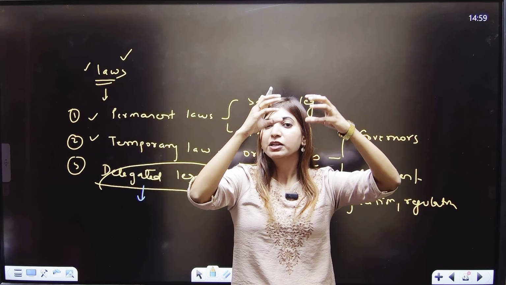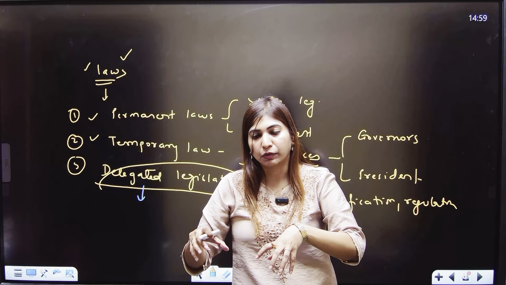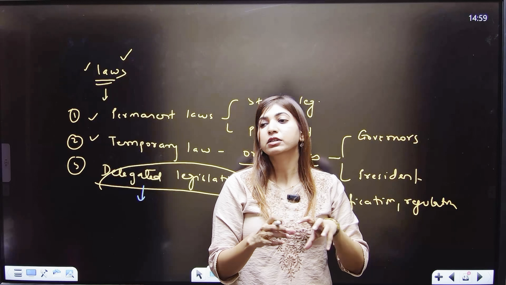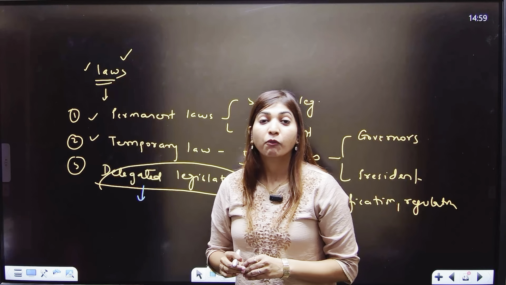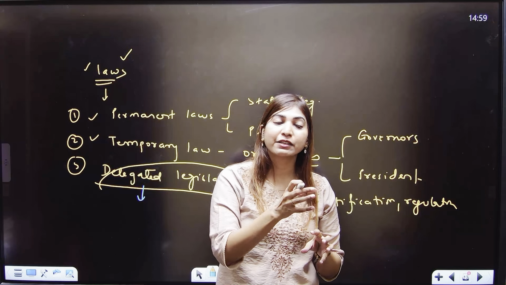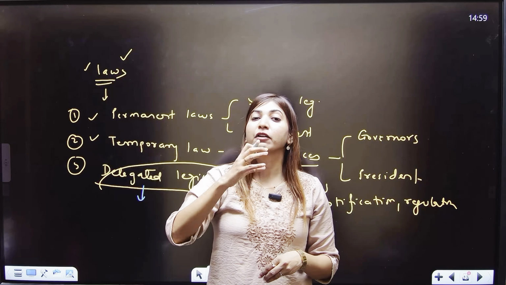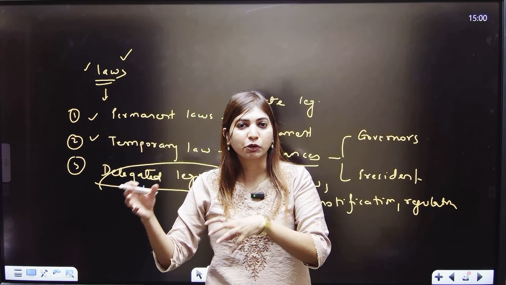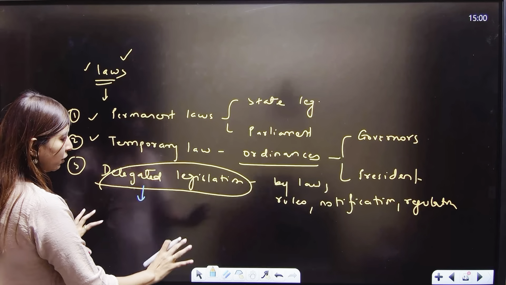So whenever they delegate their power of legislation to a subordinate body or even the executive, it is called delegated legislation. Here they can make rules, laws, notifications. For example, the Environment Protection Act is an act made by Parliament. It has given power to the central government, the executive, to make rules, such as the e-waste management rules under the Environment Protection Act. So that is also considered a law under Article 13. Done? Okay? Fine.